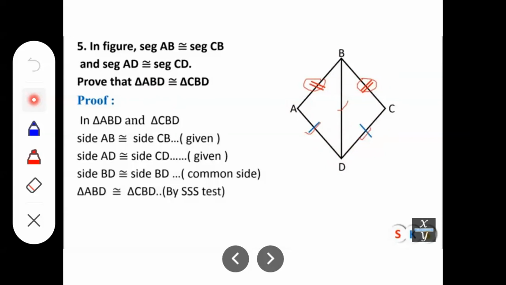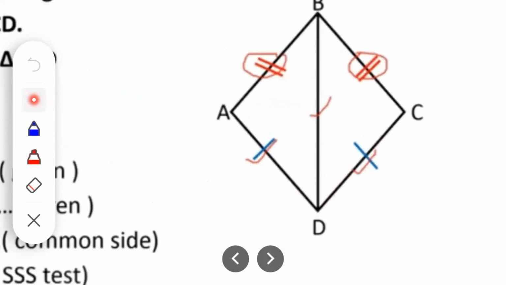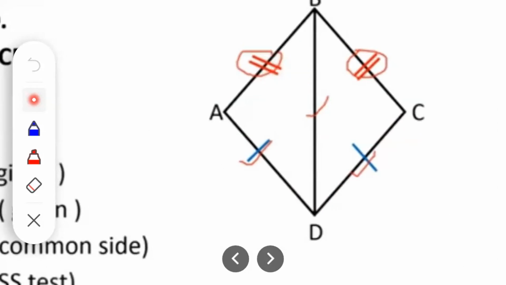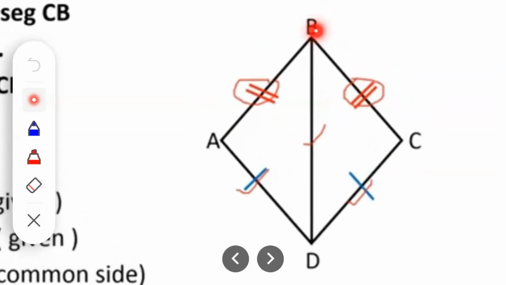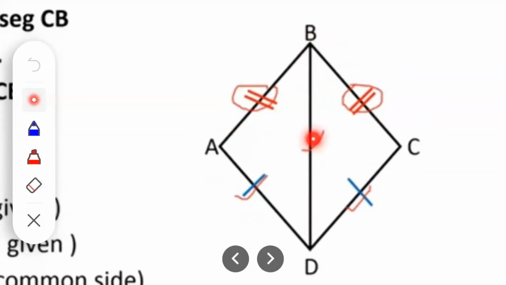Now by the figure, two of the sides are given: this segment is congruent to this segment, as already given in the example, and this segment is congruent to this one. The other one we can easily identify: this middle segment is common in both the triangles.